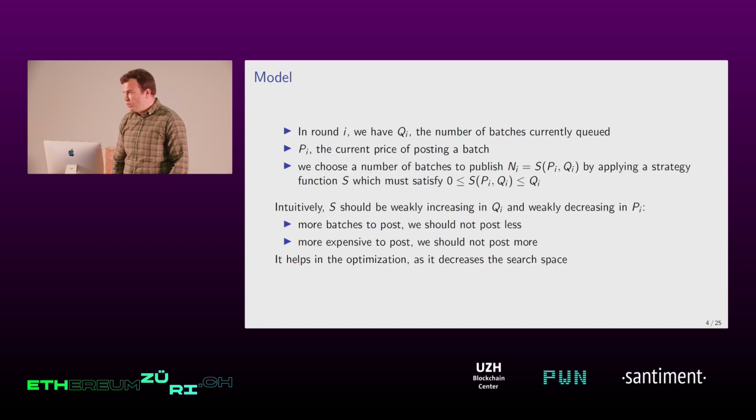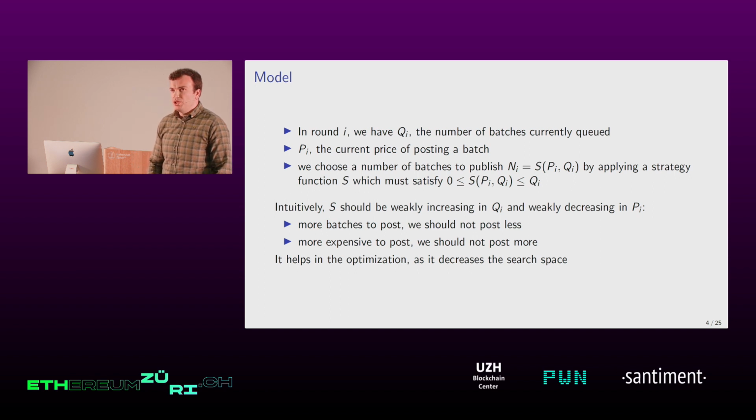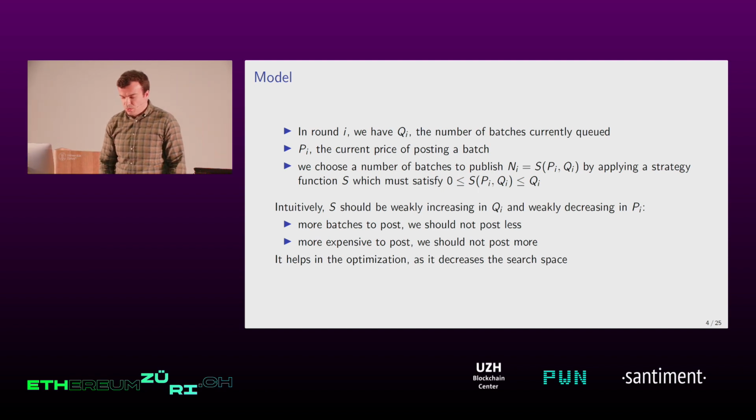Now, how do we model this optimization problem? We assume that in round i, where a round corresponds to every time a new batch is created, we count how many batches we currently have queued. We also look at the current base fee price. Then we need to make a decision based on these two numbers: how many batches do we want to post?